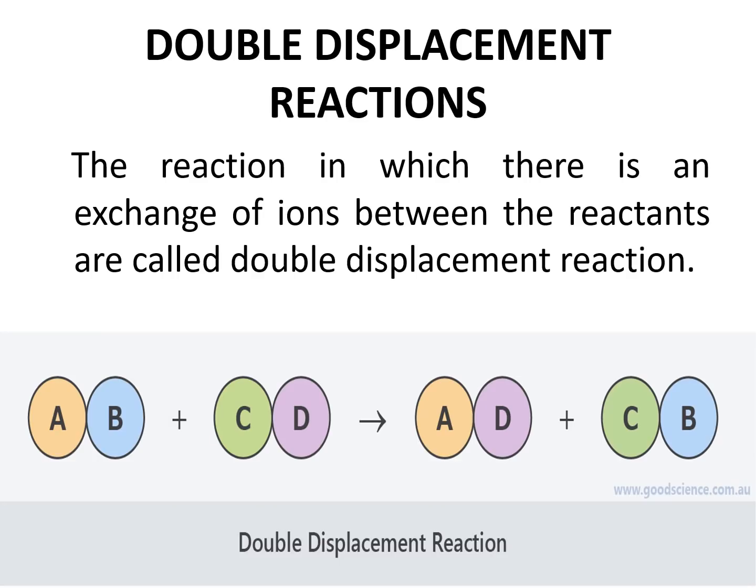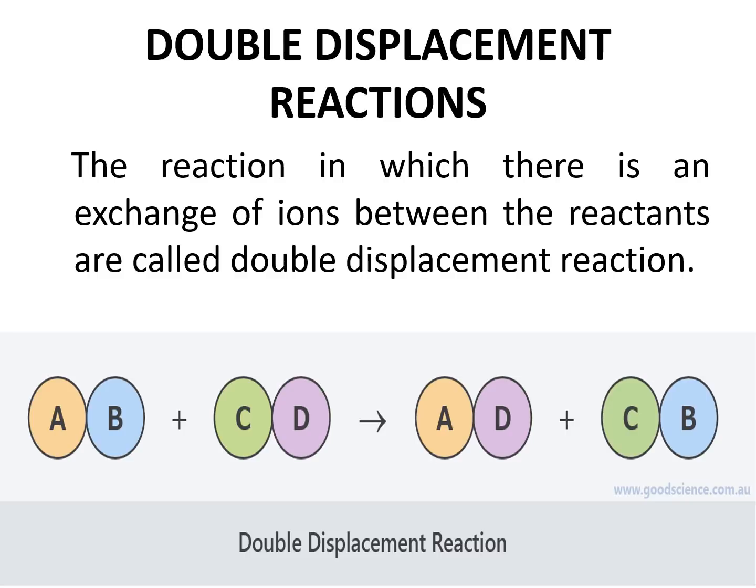The next type of reaction, that is the fourth type, is called double displacement reactions. The reaction in which there is an exchange of ions between the reactants is called a double displacement reaction. The general equation is given as AB, one compound, combines with CD, another compound.